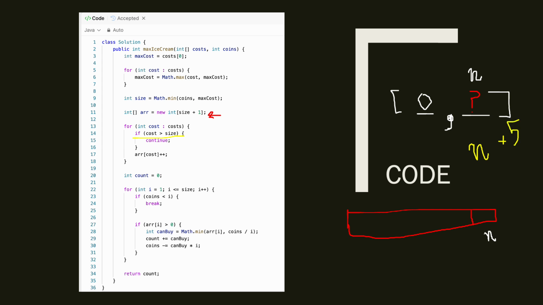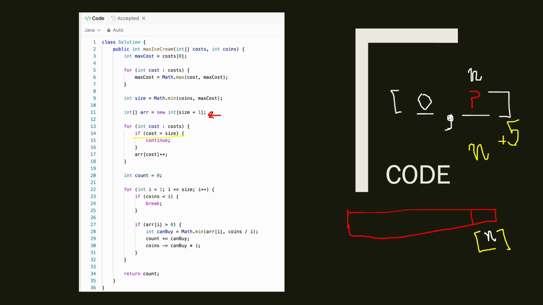So can we really buy that? No. If I don't have those many coins, I can't really buy. So if cost is greater than the size of the range, in that case we skip that element. So that is what we've done in line number 14 and 15.